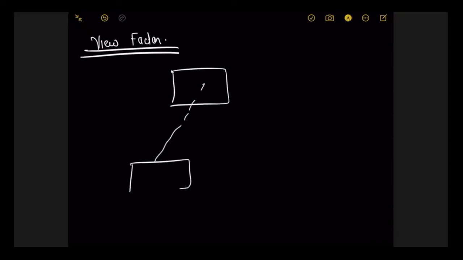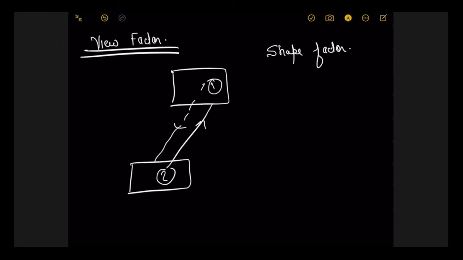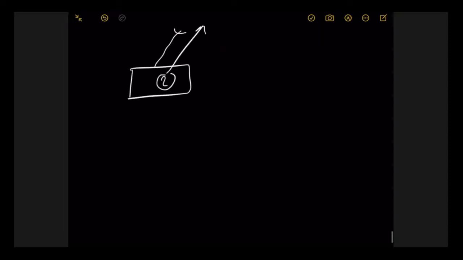So we have to know how much energy from one object is going towards the second object, and from the second object towards the first object. That is view factor. So we have to calculate this. It is also known as shape factor.